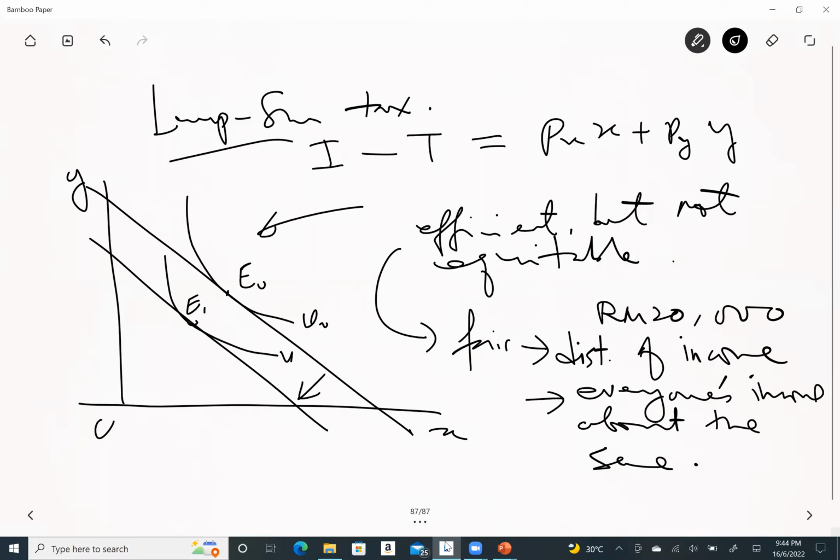Now, another system that is close to that system is what you call a flat rate tax, a flat rate income tax. That is close to the lump sum tax. Here, everybody pays the same, let's say 15%.